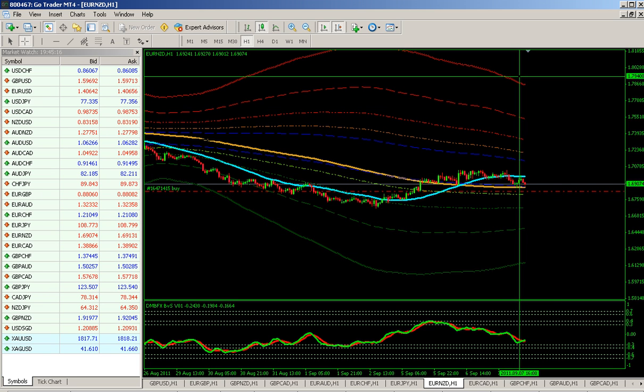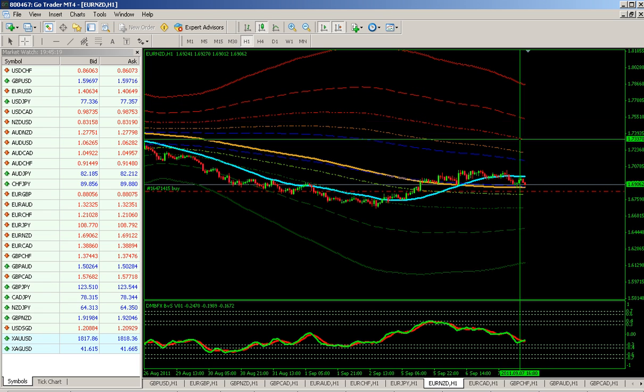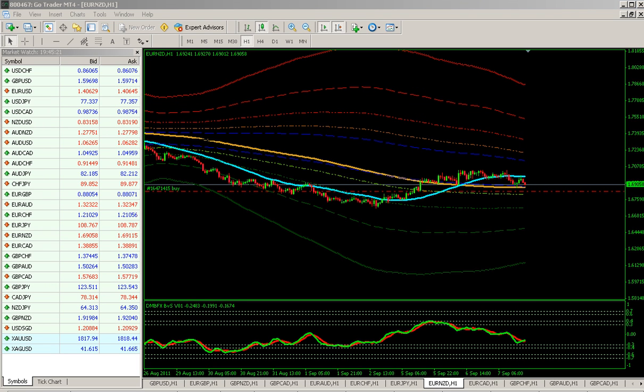Vice versa, in the sell zones you have 3 levels as well. The levels can be called buy zone 1, buy zone 2, and buy zone 3, and vice versa in the sell zone you have sell zone 1, 2, and 3.